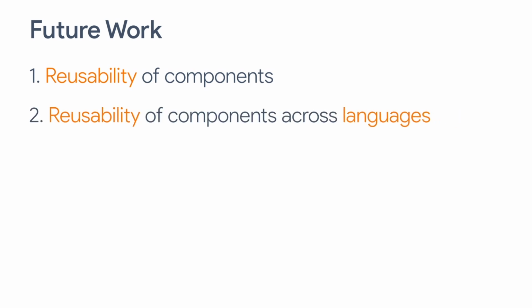Although TensorFlow works amazingly well, there are some improvements and features on which the TensorFlow team is working. Number one is reusability of component subgraphs. As part of this feature, a user can specify an entire subgraph of computation as a reusable component. Number two is reusability of components across programming languages. For example, let us say you implemented a component in Python, then TensorFlow will support using that component in a C++ program.